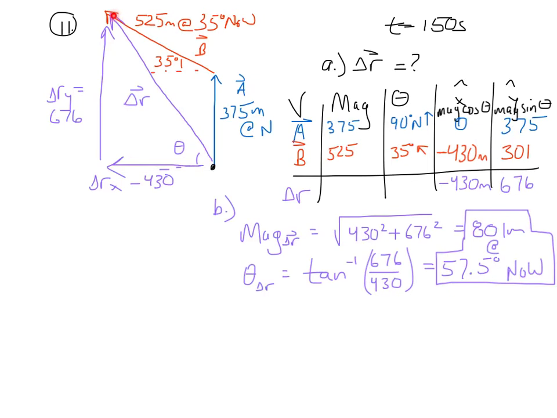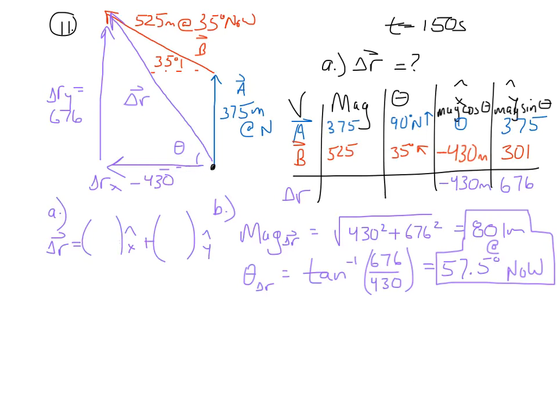What was part A? Part A was what is your answer in unit vector notation? Well, delta r, we have the answer right in front of us. Something, something, x hat, and, oops, I should probably make this a little bit bigger. X hat and something, something, y hat.